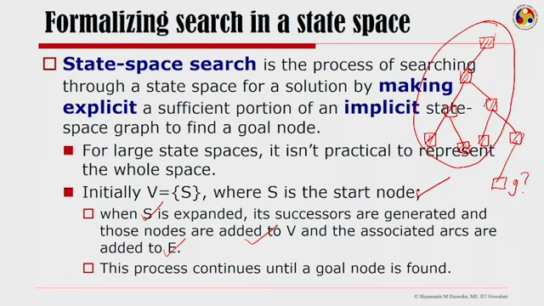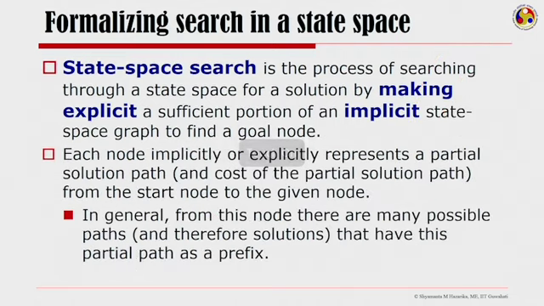If not, getting its successor nodes and keeping the process continuing. So, in state space search each node implicitly or explicitly represents a partial solution path. In general, from this node there are many possible paths that have its partial path as a prefix.